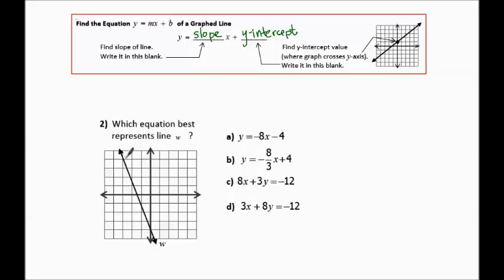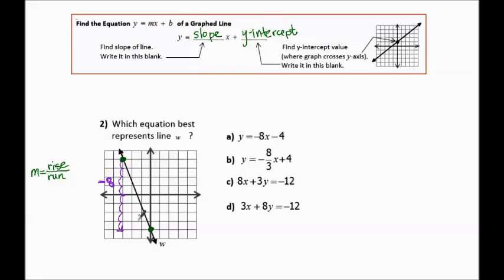So we are going to find first the slope of our line W here. Here's a good intersection point that I can use for my slope. Here's another one. So we're going to find our rise over run. Let's count these out. 1, 2, 3, 4, 5, 6, 7, 8. And because I am going downwards, that would be a negative 8.